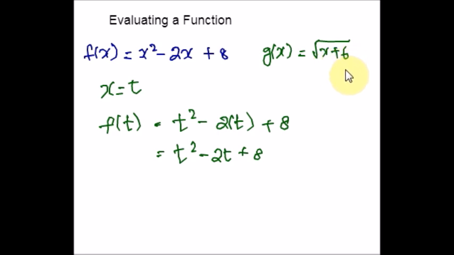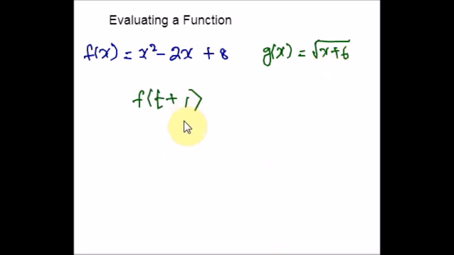That's it. Here is the next example, f of t plus 1. Now let's get a little more complicated, or at least they appear to be more complicated. Things are not as bad as they may appear. However, we will evaluate f of t plus 1 first. This one works exactly the same as the previous part we just did. All the x on the left will get replaced by t plus 1.